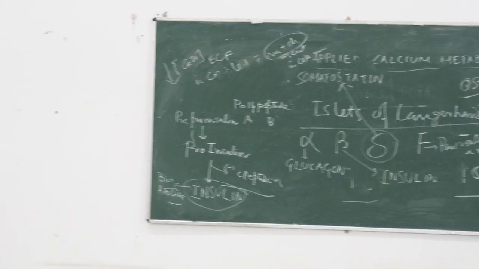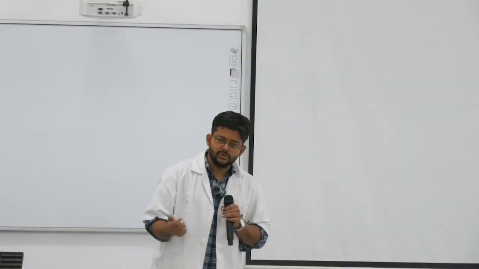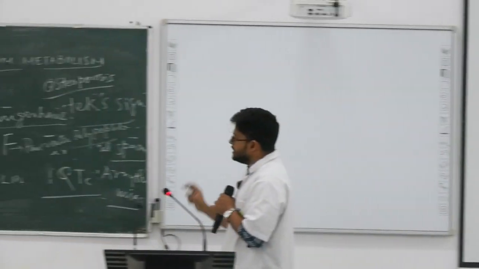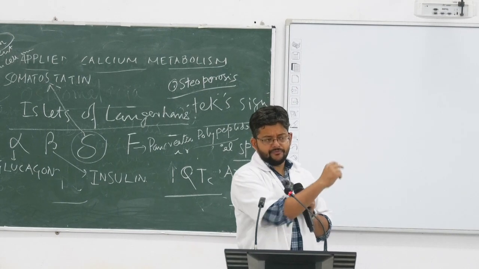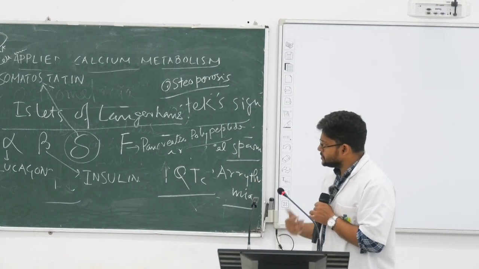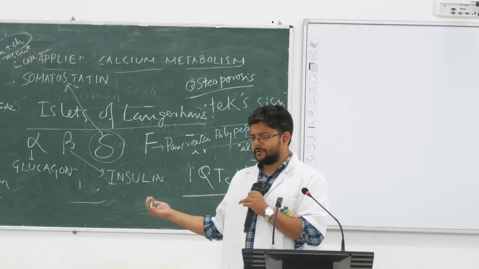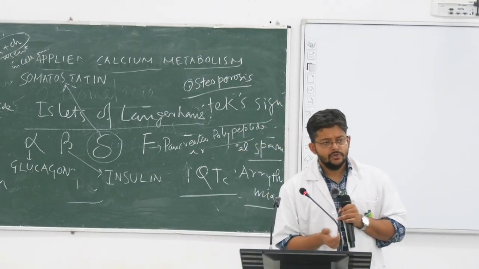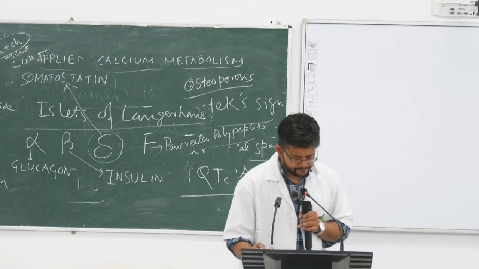From there we get proinsulin; after a part of the sequence is cleaved, we get C-peptide from proinsulin, and as it goes away we get the insulin.